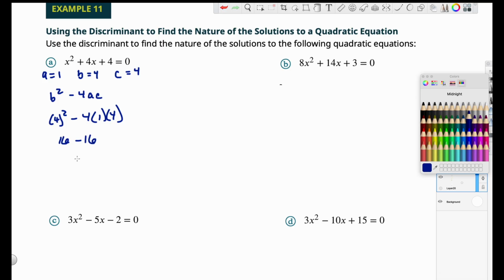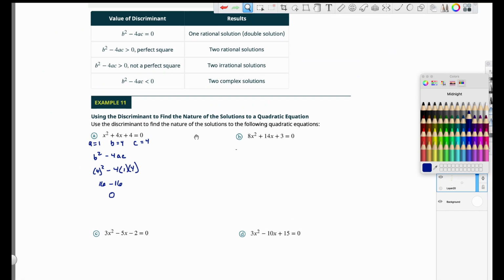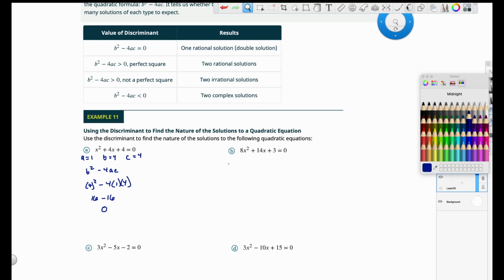That's 0. Okay, so what does that mean? Let's go look at the chart. What happens when the discriminant is 0? We have one rational solution. All right, that one's done.